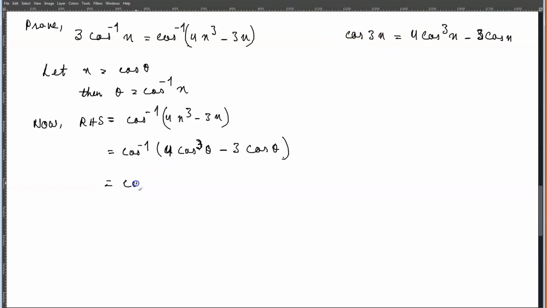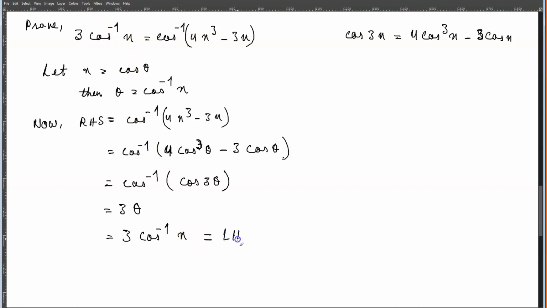So that is the same thing as the cos inverse of cos of 3 theta, and that is equal to 3 theta, which is equal to 3 times cos inverse of x, and that is basically equal to your LHS.